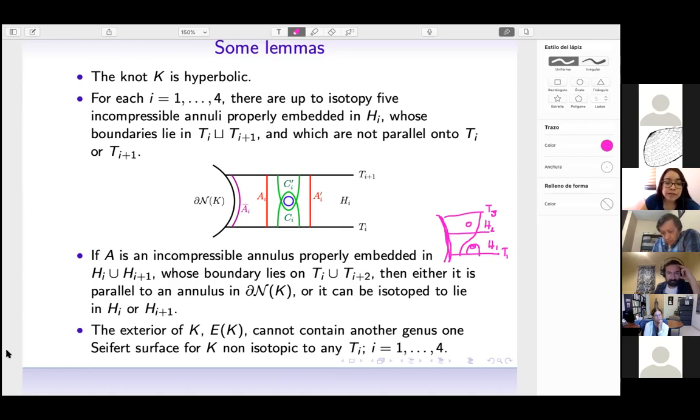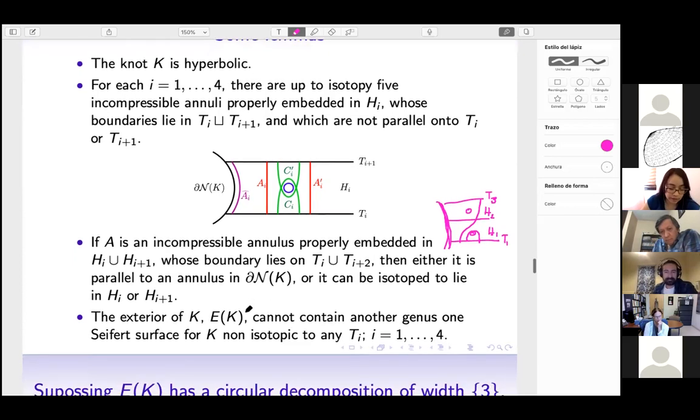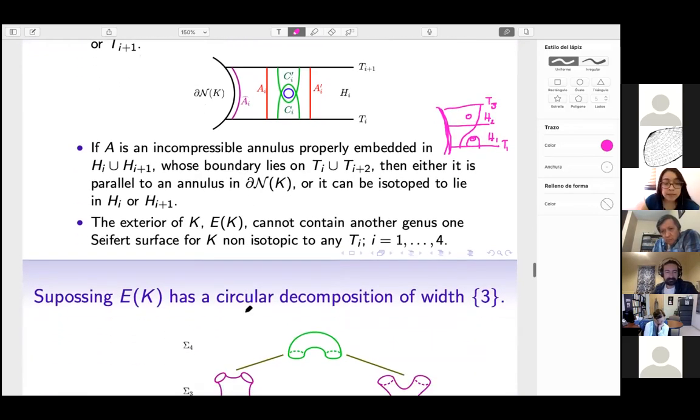And the last lemma says that the exterior of K cannot contain another genus 1 surface.